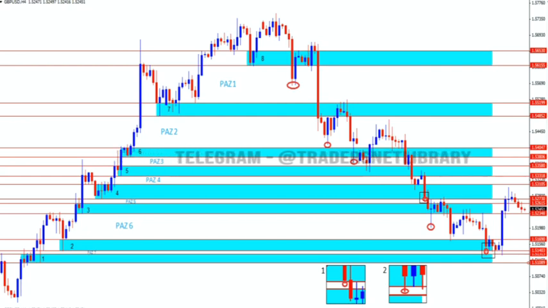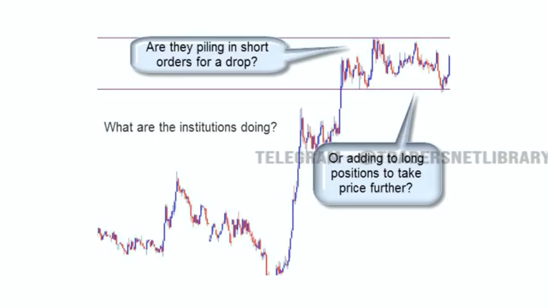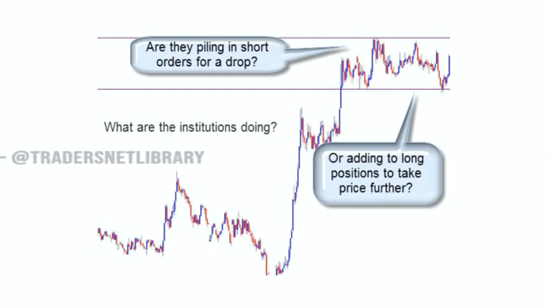Caps on price. When price makes a rally with a strong pull up, there is sure to be some profit taking by the institutions, allowing price to drop back into the pool.